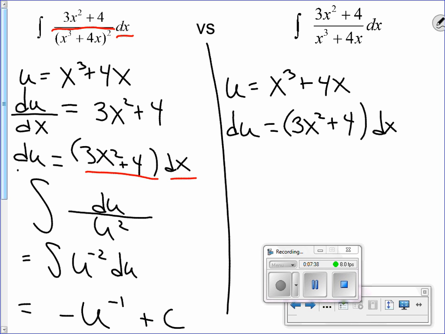Do I have the ingredients? Do I have all the factors of du in place in the original problem? Got the dx. Do we have the other factor of du? Yes, we do. So we don't need to multiply by a constant. We've got it. So if you have all the factors of du, what's it time to do?